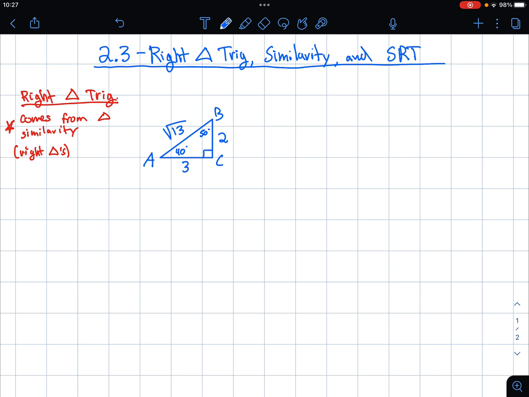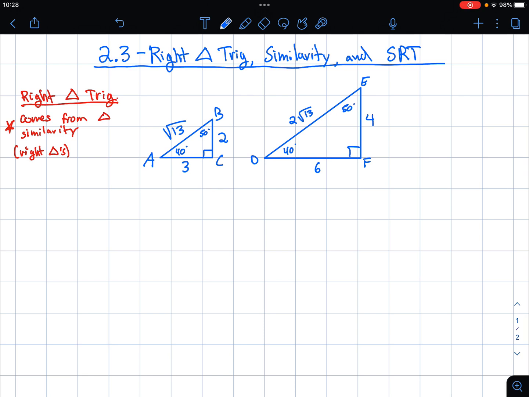If I have a dilated copy of this triangle, and for our purposes, let's pretend that I'm able to draw a triangle that is twice as big, and let's say that this is triangle DEF, with side lengths of 4, 6, and 2 square roots of 13, and has the same angles, 40 degrees and 50 degrees.